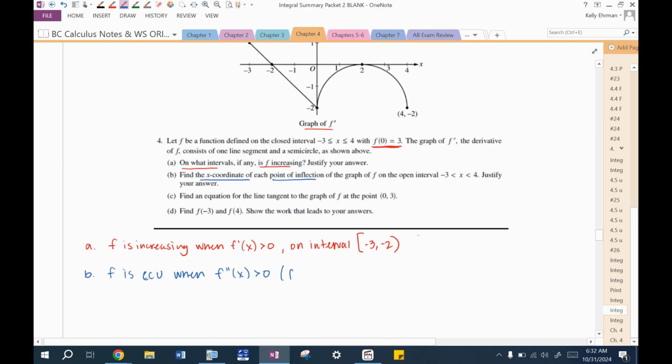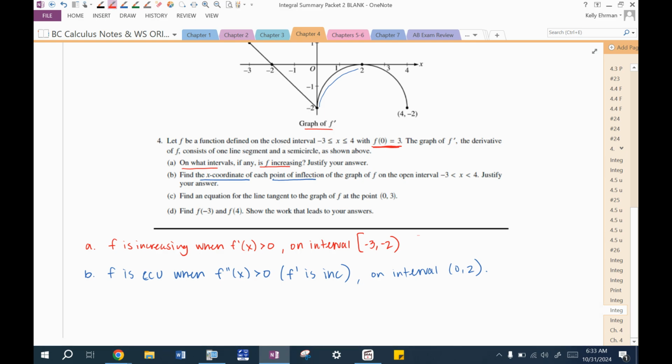So what does that mean? That equates to when f prime is increasing, right? Because if its derivative is positive, the function is increasing. So I'm looking for where f prime is increasing, and that's happening just on this section here. So between 0 and 2, on interval 0 to 2.